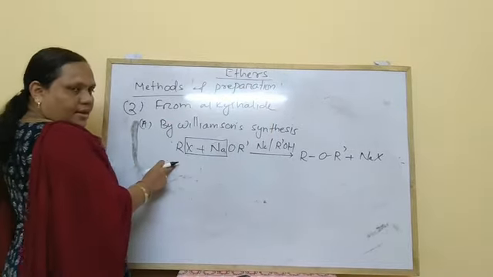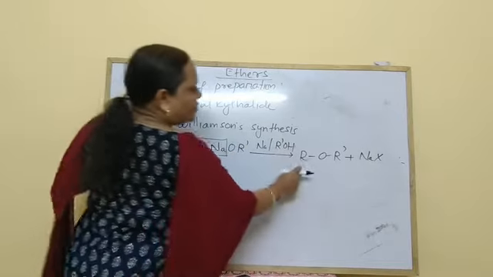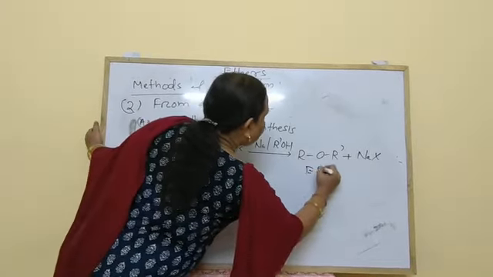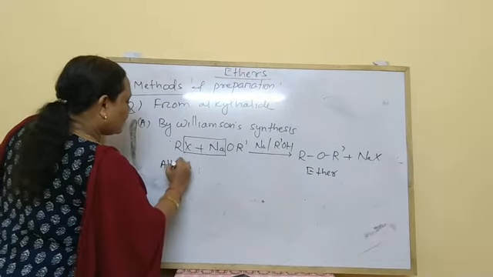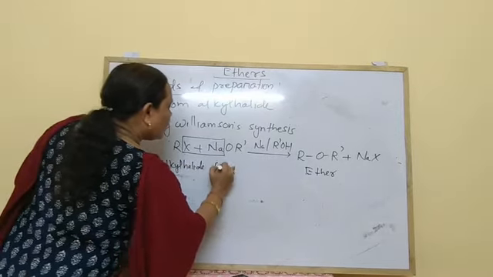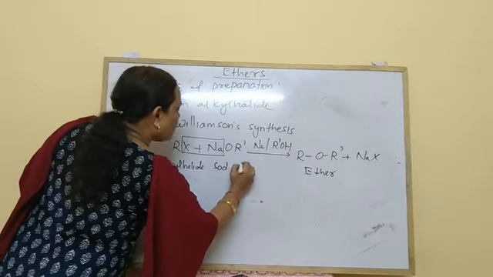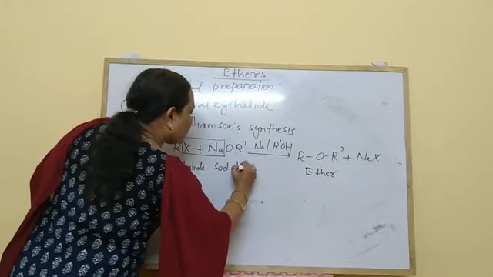When an alkyl halide is treated with sodium alkoxide, it forms an ether. Alkyl halide and sodium alkoxide.